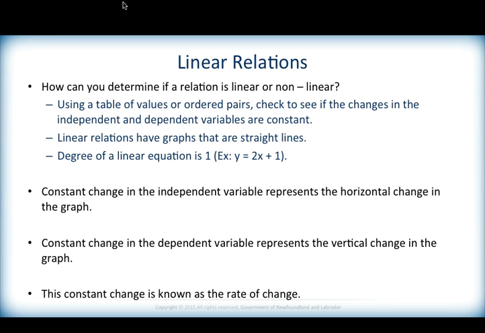So if you have an equation that has a square or a higher exponent, it will not be a linear relation. We can only have an equation similar to the one that's there, y equals 2x plus 1. Constant change in the independent variable represents the horizontal change in the graph. Constant change in the dependent variable represents the vertical change in the graph. This constant change is known as the rate of change.